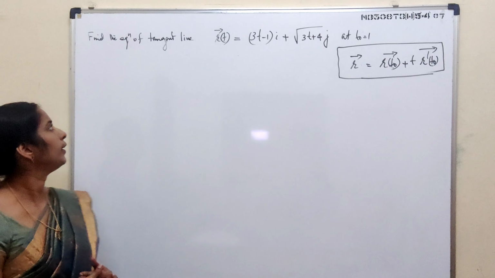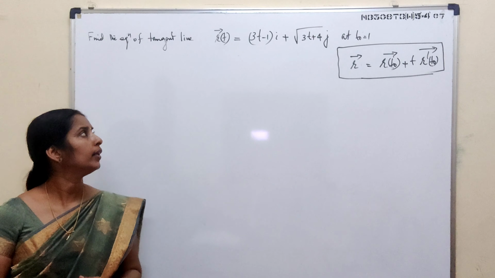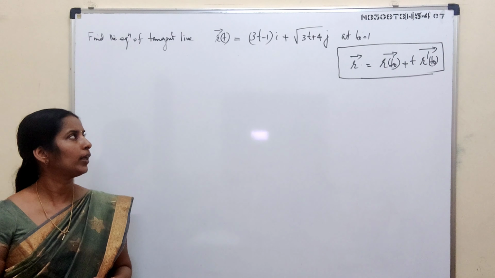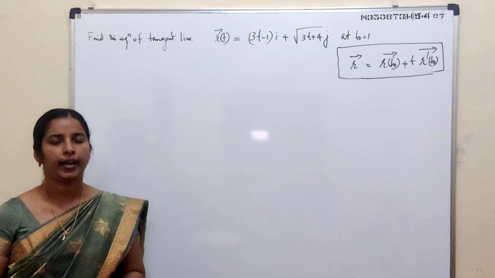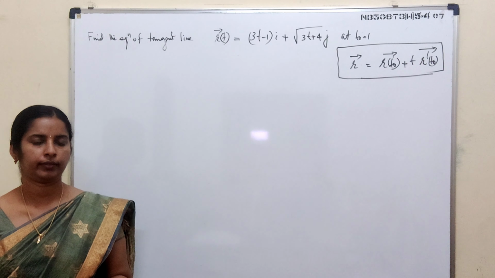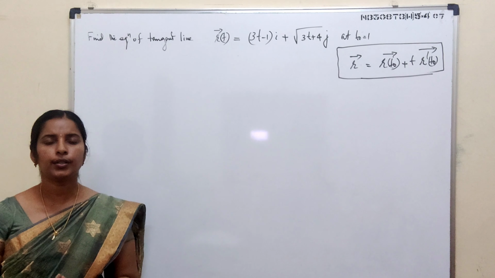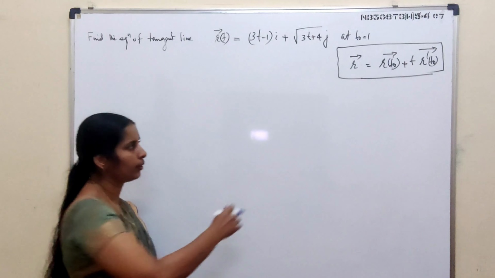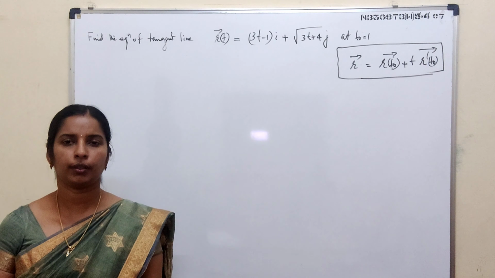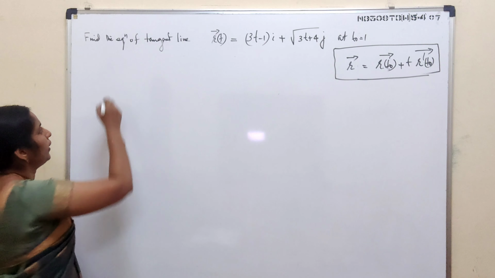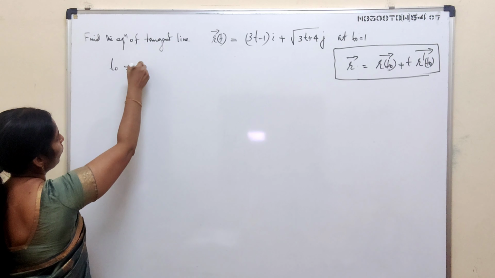Next, we have to find the tangent line of the curve r(t) equal to (3t minus 1) i plus square root of (3t plus 4) j at t naught equal to 1. We know the equation of the tangent line through t naught is vector r equal to r(t naught) plus t r dash (t naught). Here t naught is given as 1.